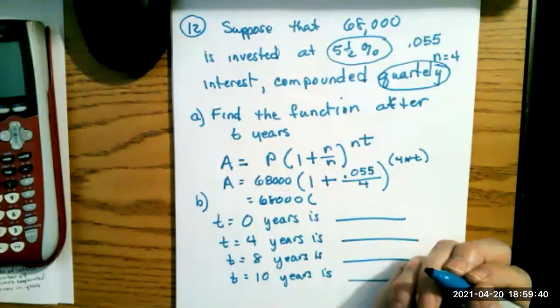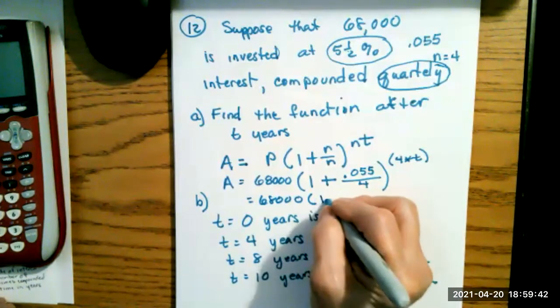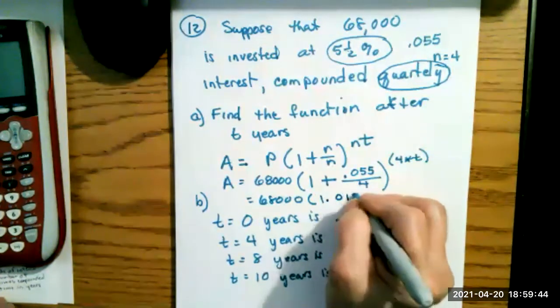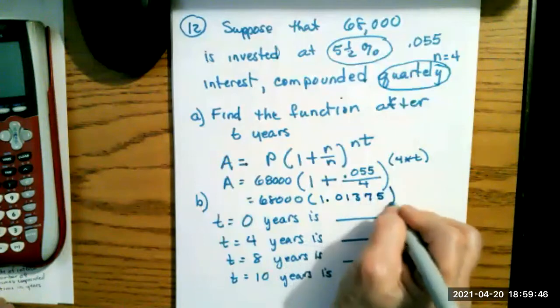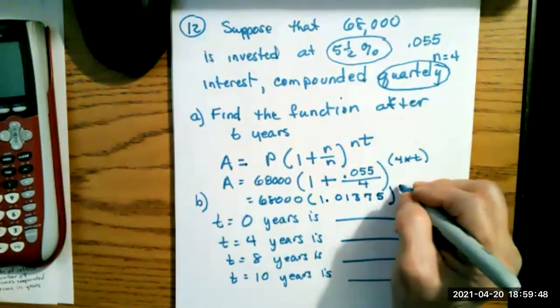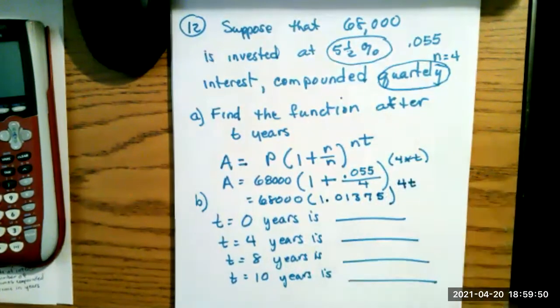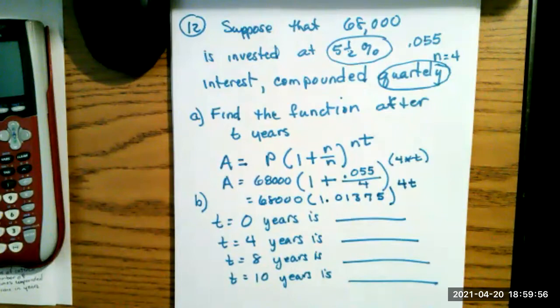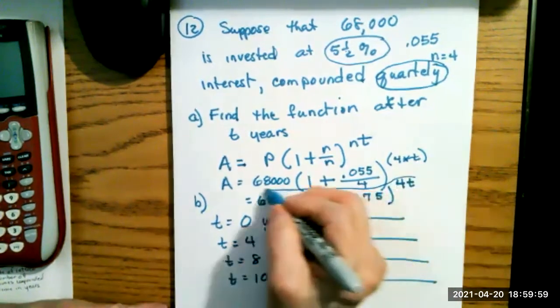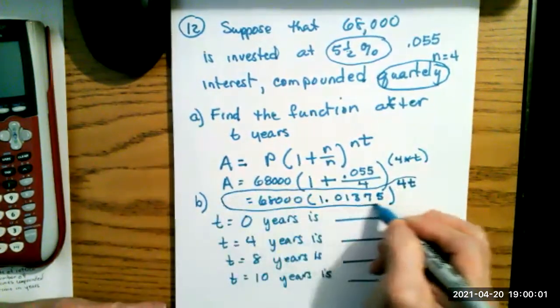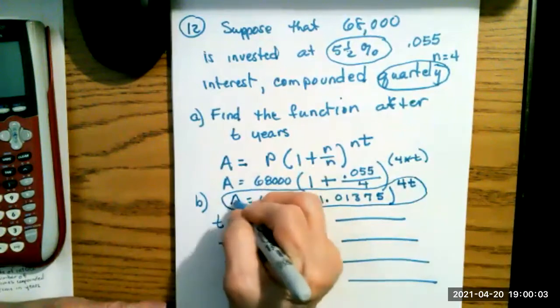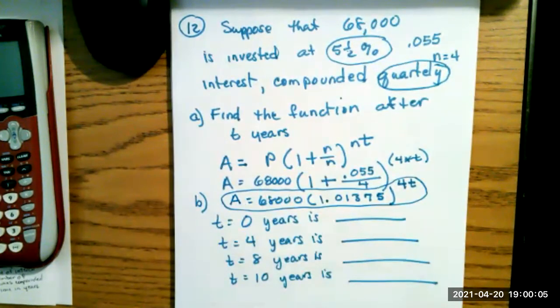You got 1.01375. And this is going to be 4T up here. So that's what they want for the first part of the problem, your formula with T in there.